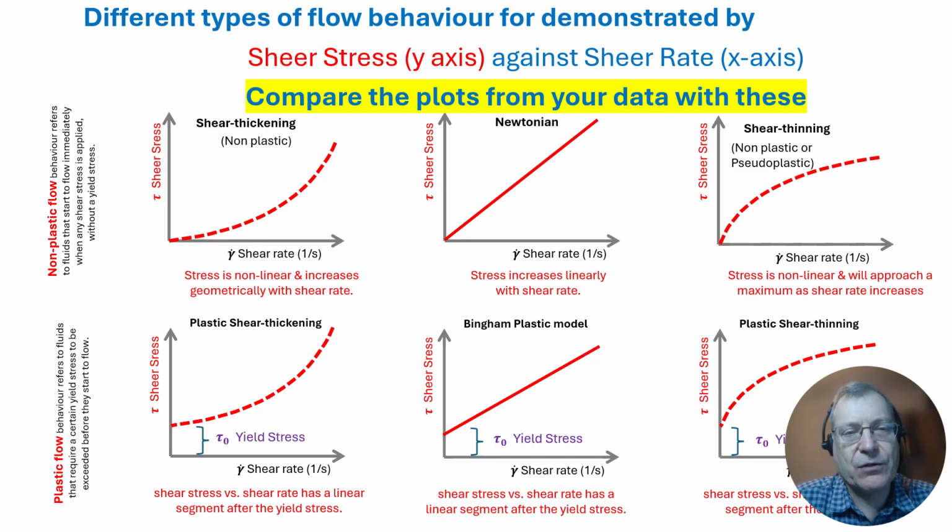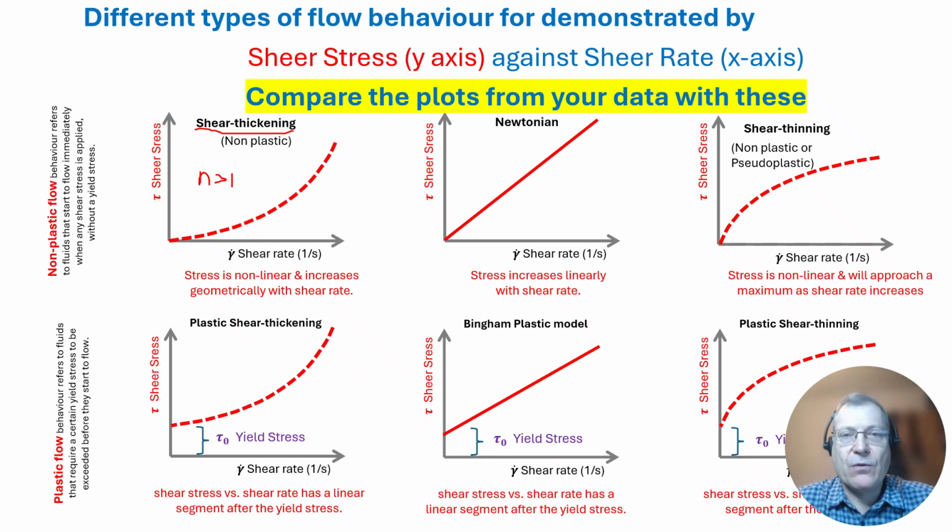Now, if we've got a flow index or n value which is greater than 1, we have this scenario here where we have shear thickening, and this is where n is greater than 1.